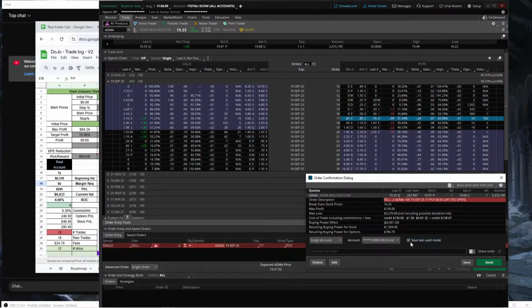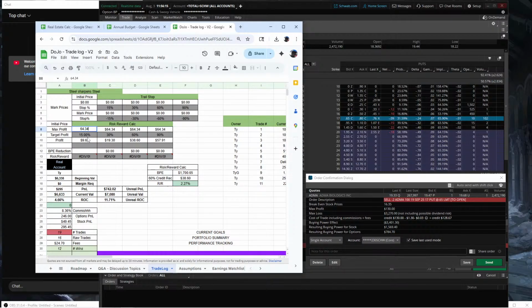So 2 is our max here. 128.67. 77.20 for a 34.01.30. So it's still 2.27. It's not a bad trade.